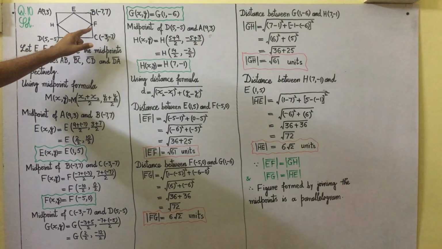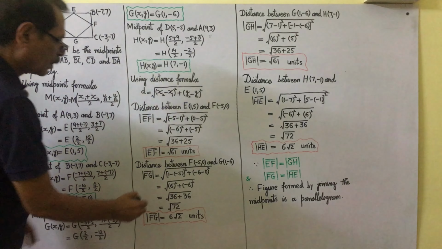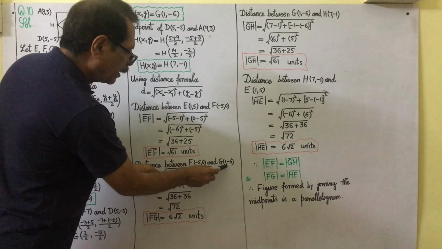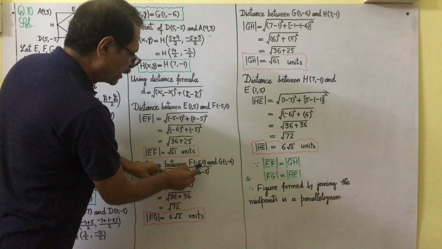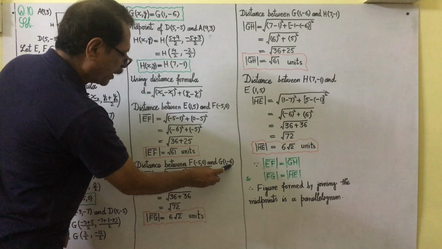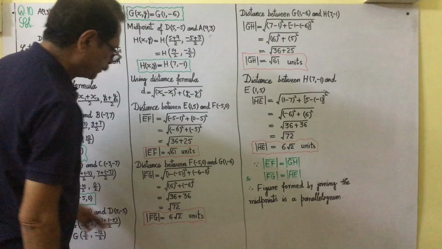Now we find the distance between F and G. Again applying the distance formula, (1 minus -5) squared plus (-6 minus 0) squared, all under the square root.